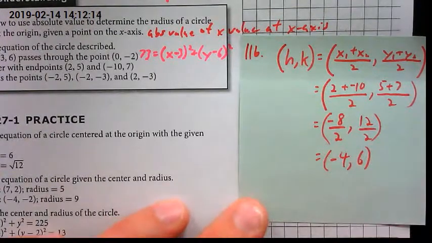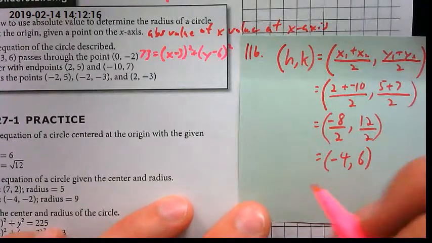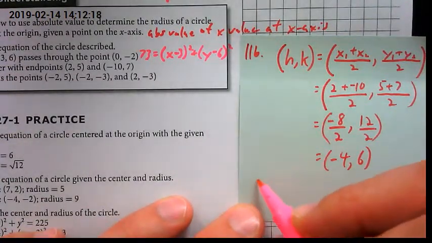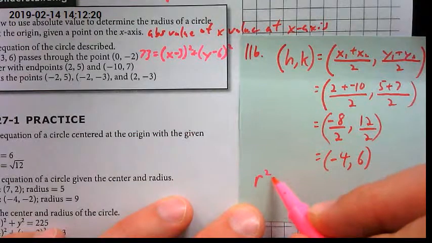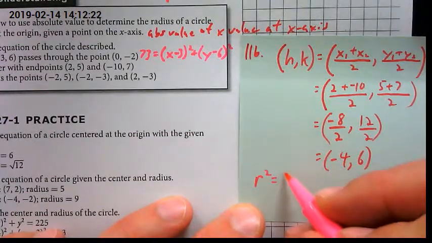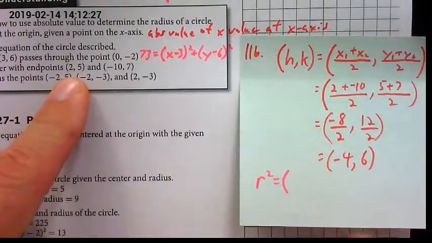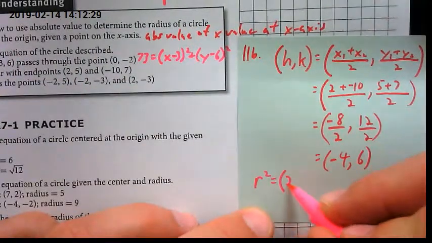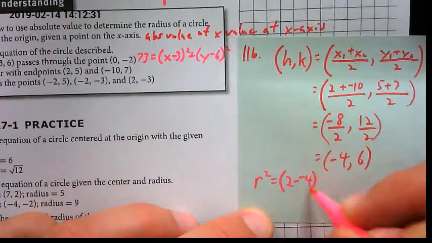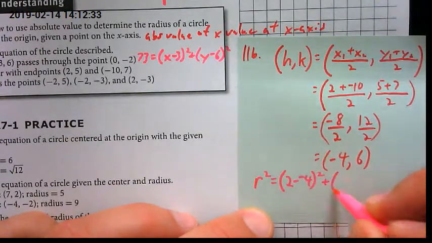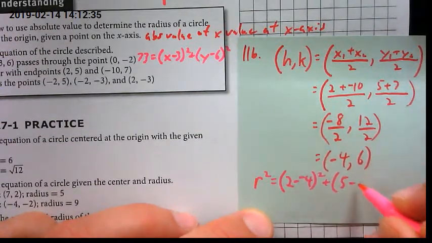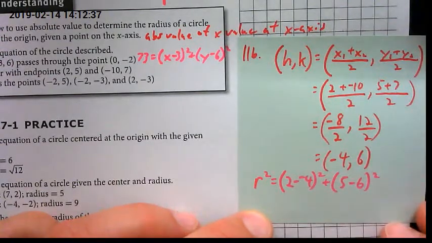So if you want to use the format of the equation of a circle, you can do it in that format. So we have r squared equals, and plugging these values in, I'm going to use the 2 and the 5. So 2 minus negative 4 squared plus 5 minus 6 squared.